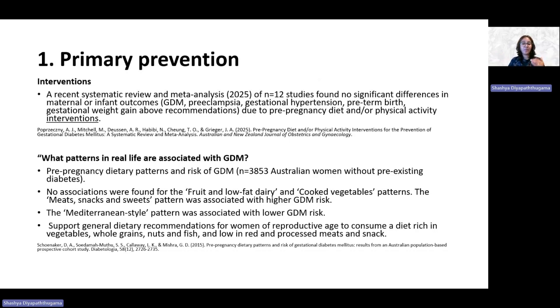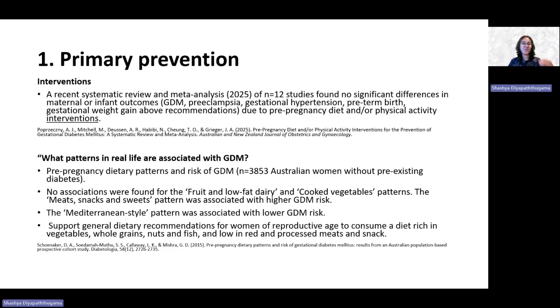For example, women who followed a diet with fruits, low-fat dairy products, and more cooked vegetables were associated with less risk for gestational diabetes. And those who ate more meats with saturated fats, and snacks and sweets, had a high association with gestational diabetes.